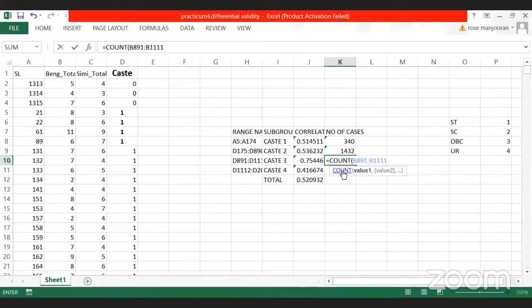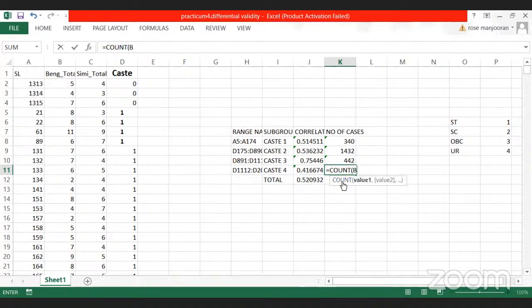You can see when I'm typing how the cells are selected here. C891 to C1111. Okay. Then you will get the number. Then with respect to cast 4, COUNT.